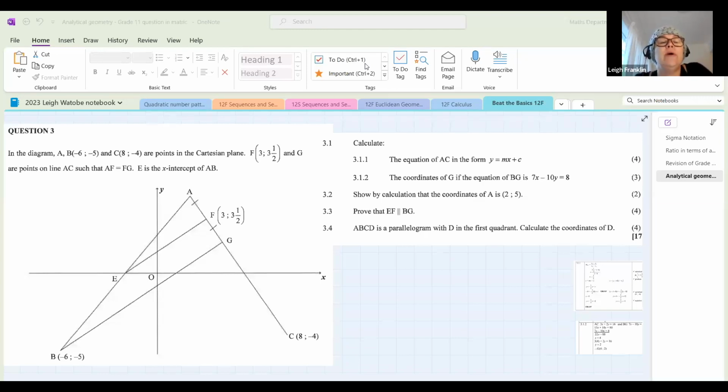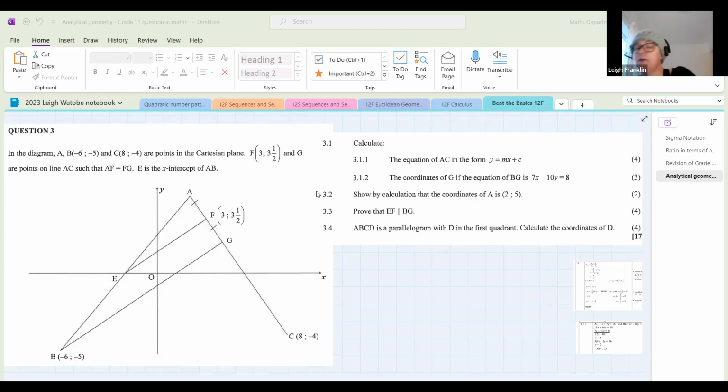Tamia, which 2 points, and Gugu, which 2 points did you use to calculate the gradient of line AC? Can you tell me? That's correct. Okay, so you've used the correct points, but something's gone wrong somewhere.